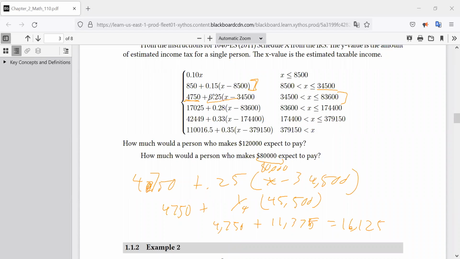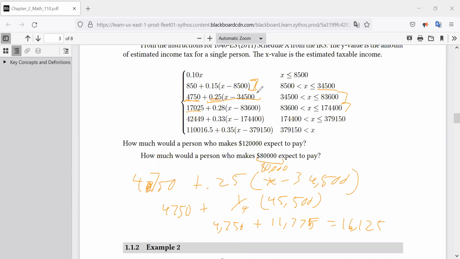And then this is basically saying, okay, the rest of the money that you earn, this is how much you're paying in taxes. 0.25, so you're paying 25% in taxes for the remainder until you actually hit the next tax bracket.